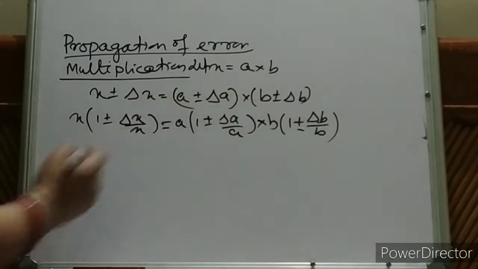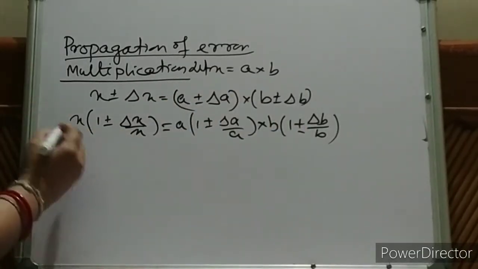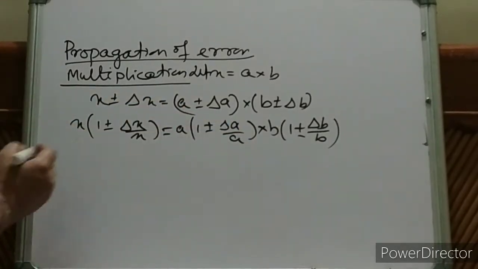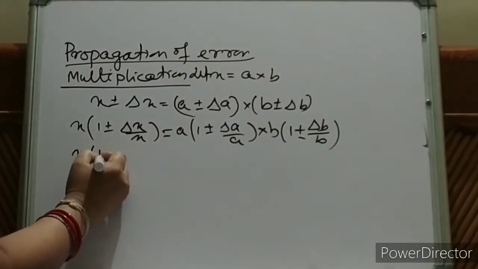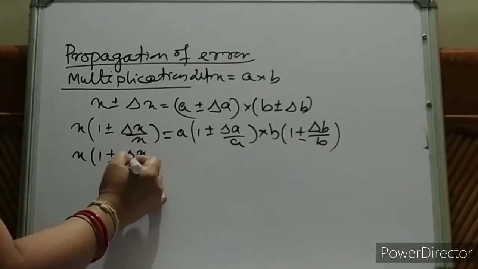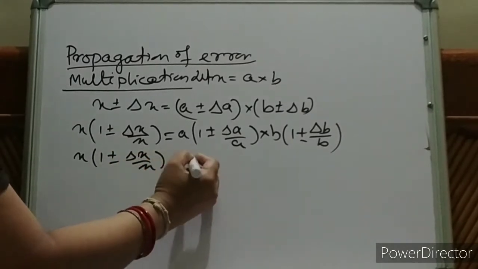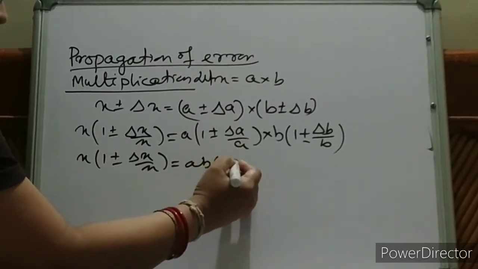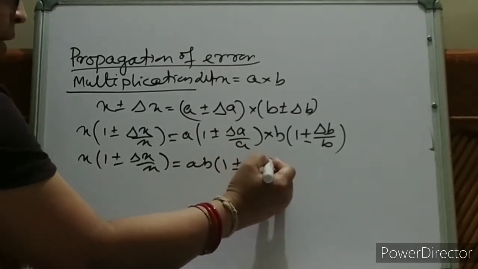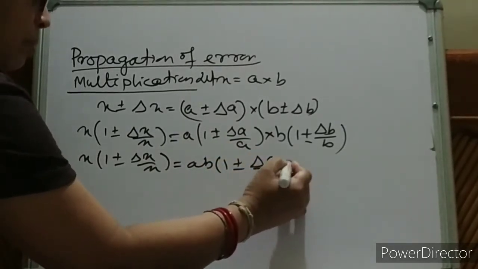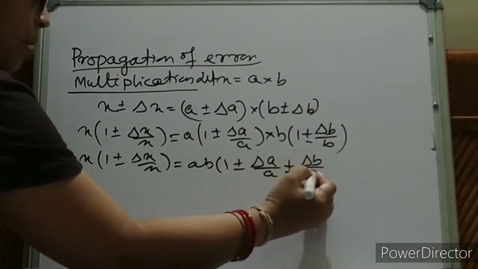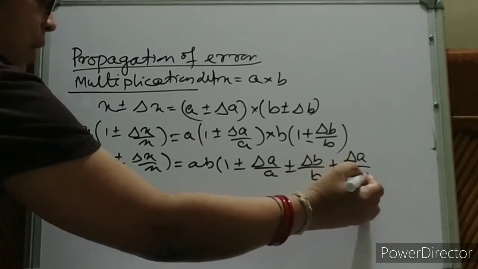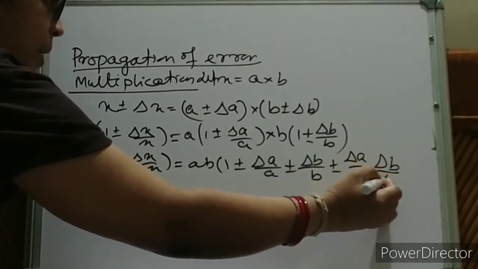Now just open the bracket. So we'll write x (1 plus minus delta x by x), so we can write a into b (1 plus minus delta a by a plus minus delta b by b plus minus delta a by a into delta b by b).